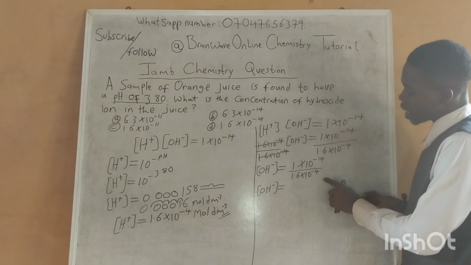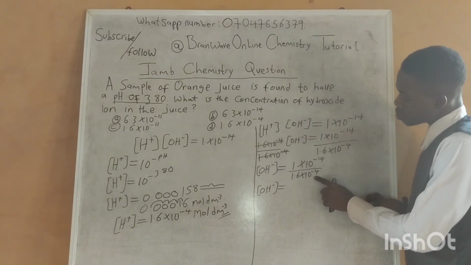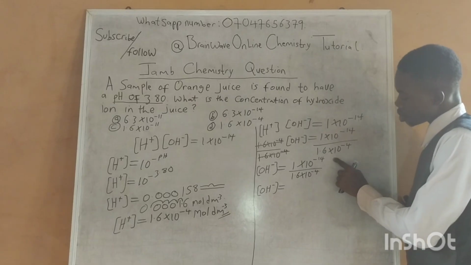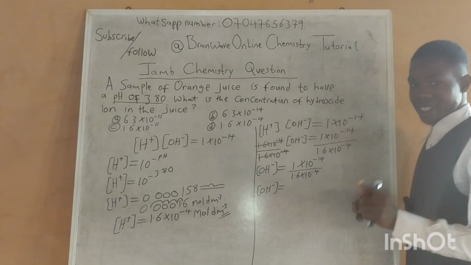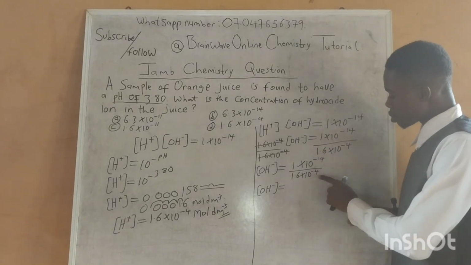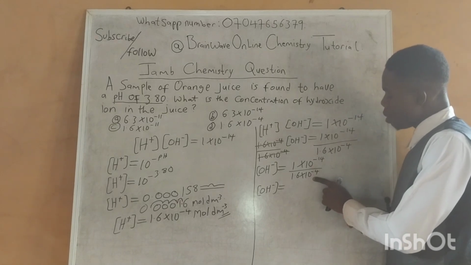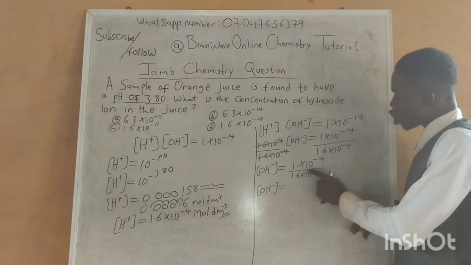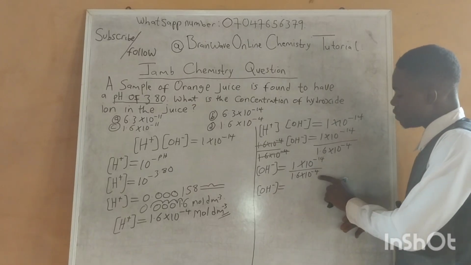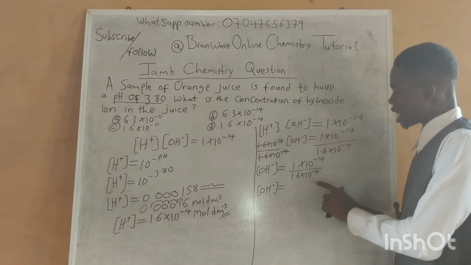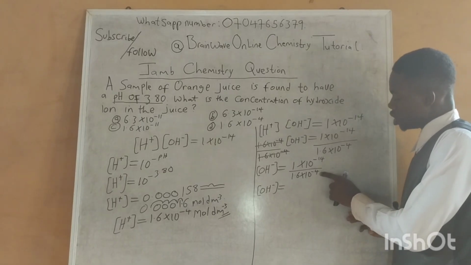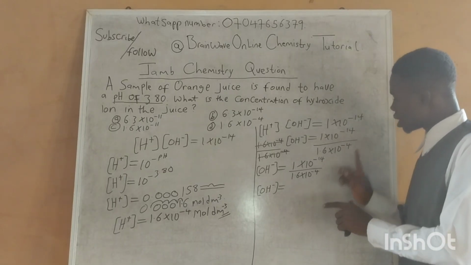Now, what will happen here is that you see this 10 to the power minus 4, I will take it up. Please take note of this: in indices, when you are taking any base that has a negative power up, crossing the division sign, the negative sign will change to a positive sign.